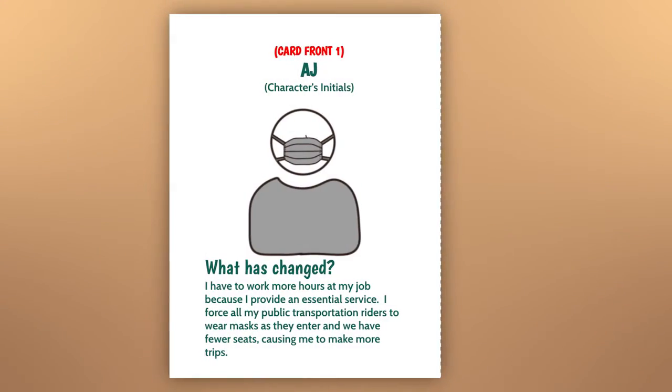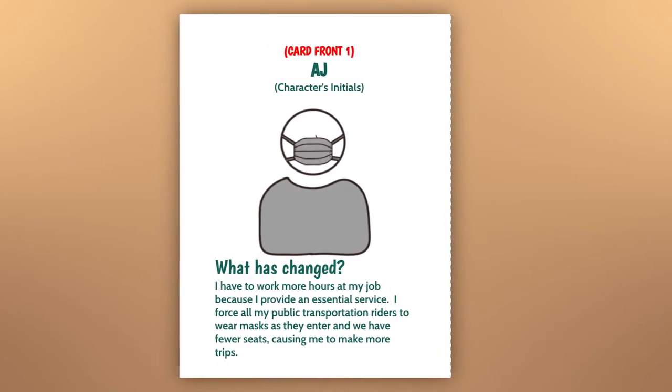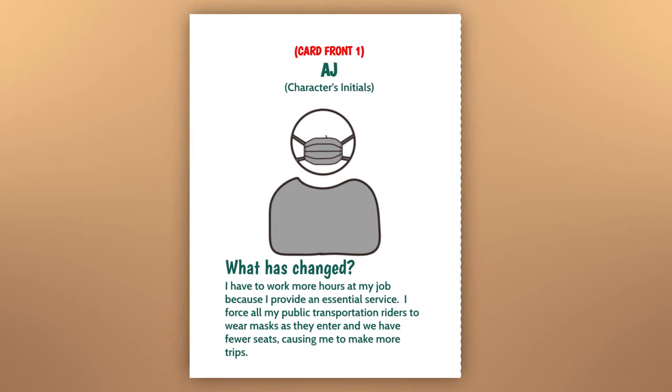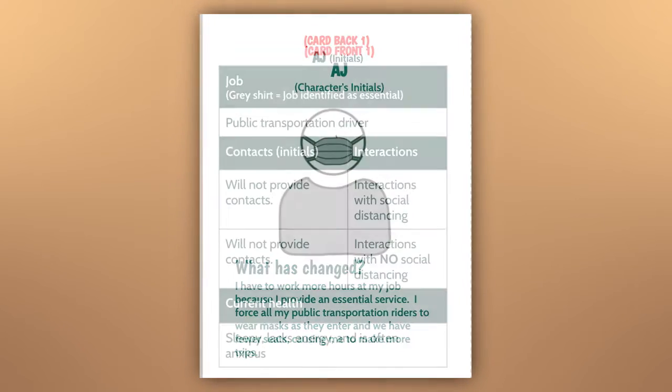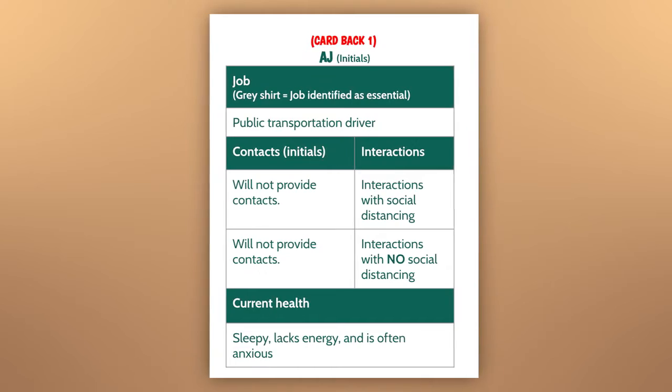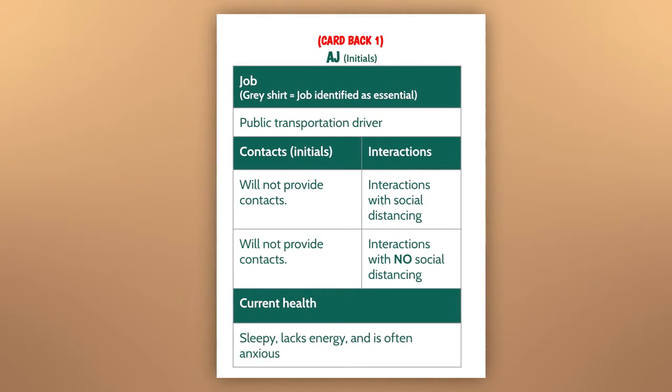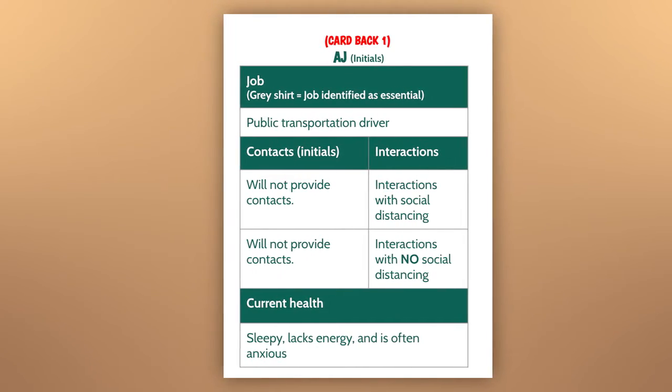Students look at cards that contain characters with information about mask wearing, social distancing, type of employment, any contacts if they agree to share that information, and whether they are experiencing any COVID-19 symptoms. They look for patterns in the data across the cards. They use these patterns as evidence for drawing conclusions about how the disease is spread from person to person and ways to slow the spread.